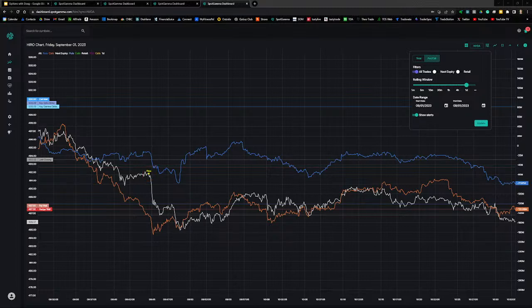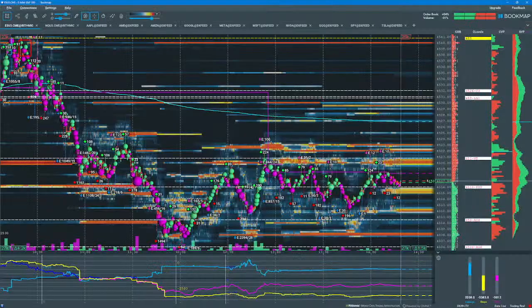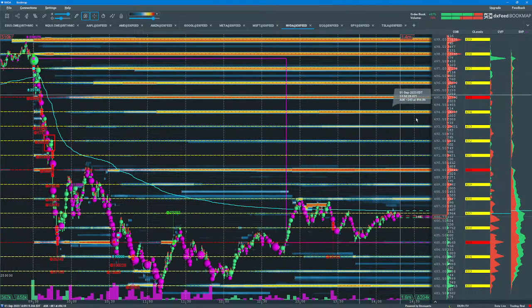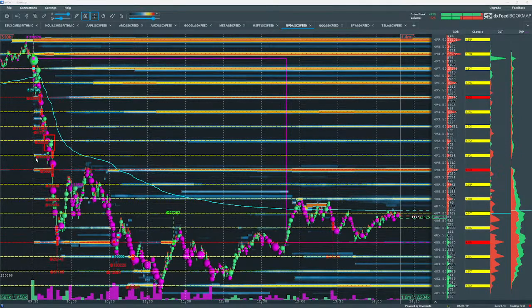If you missed the open, let's go take a look at Bookmap. All right, so nice drop all the way down to 482. Here's where that alert came in.